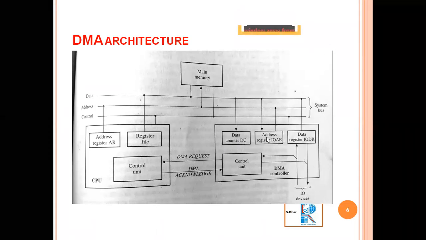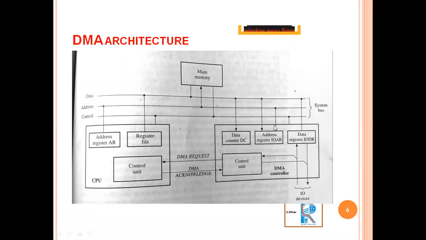Okay, so it will first put this information here. This is called the DMA controller, which has the data counter, which contains the total number of data to be transferred, and the IO address register, which holds the address from where data should be transferred.